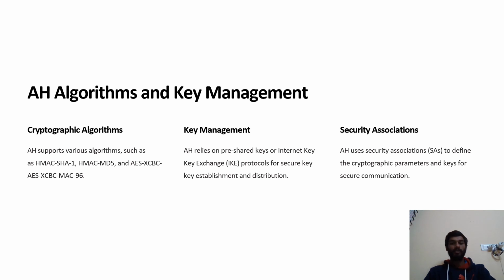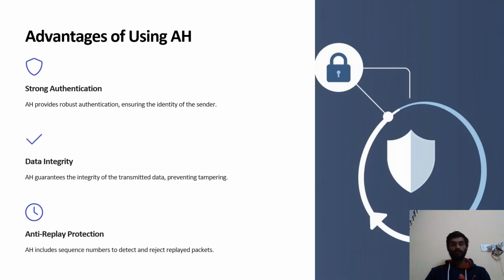Authentication header relies on pre-shared keys or Internet Key Exchange protocols for secure key establishment and distribution. Security association. Authentication header uses security association to define the cryptographic parameters and key for secure communication.